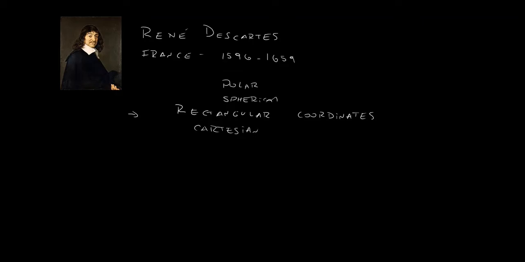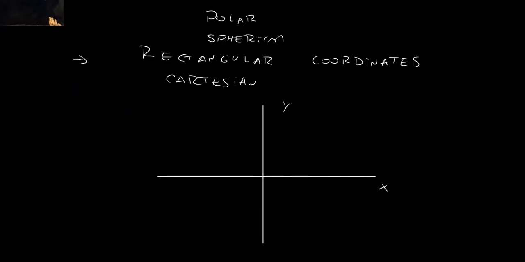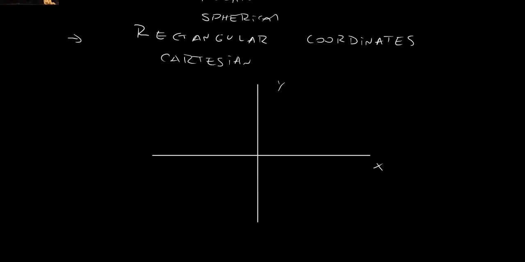The Cartesian coordinates are based on two axes, a horizontal one, or what we call the x-axis, and a vertical one called the y-axis. Our idea is to represent the real numbers in both the horizontal and the vertical lines.